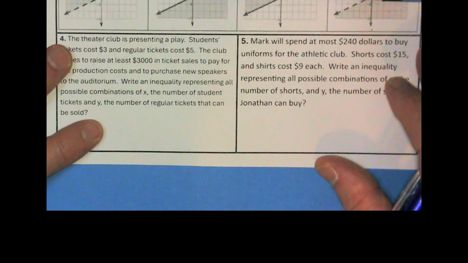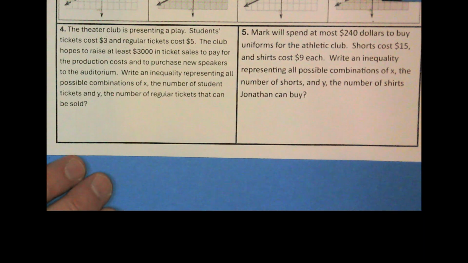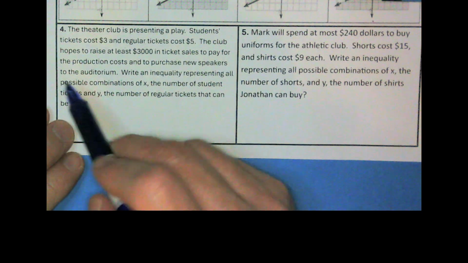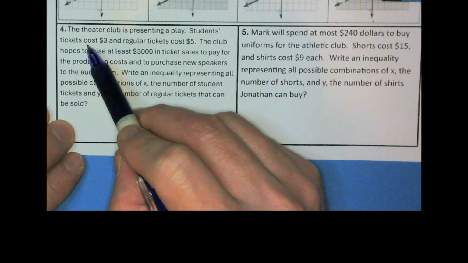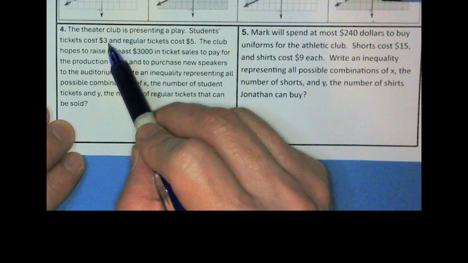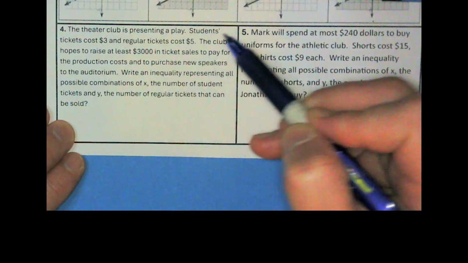The next set of problems are word problems where you have to determine the inequality that represents the situation. So here we have the theater club is presenting a play. Student tickets cost $3 and regular tickets cost $5.